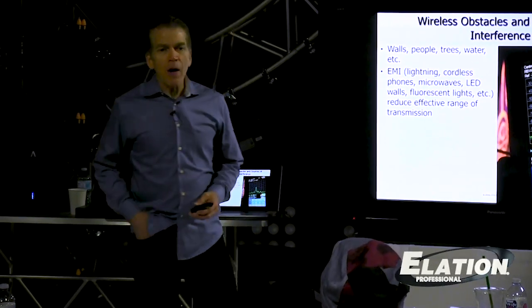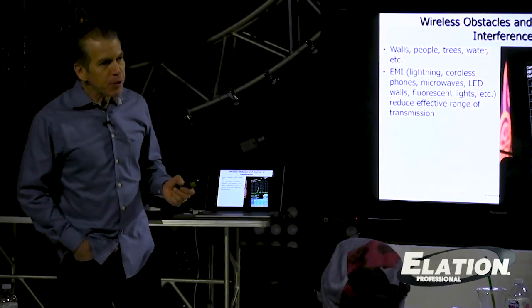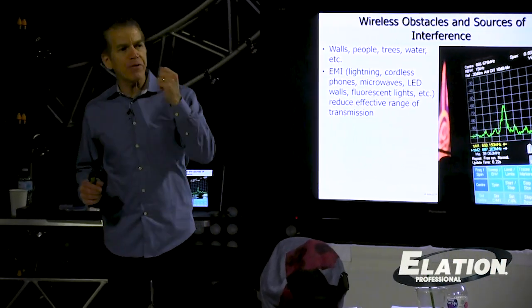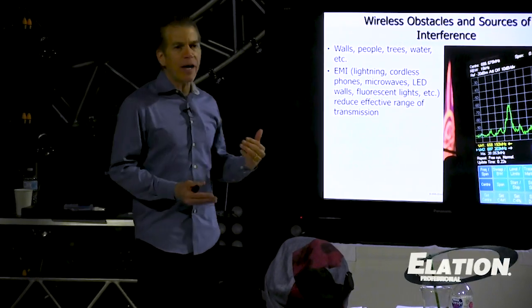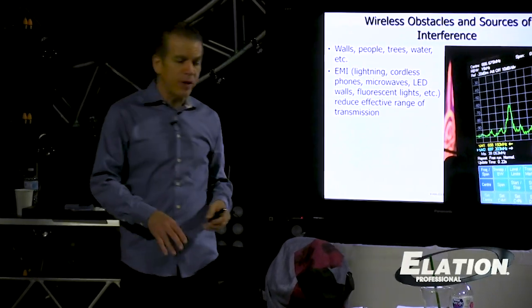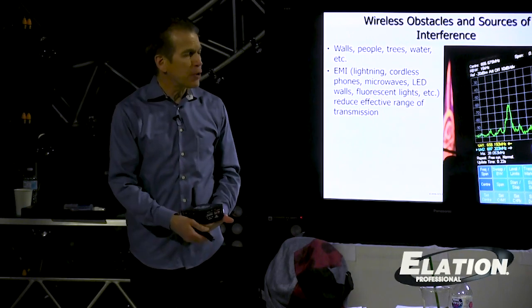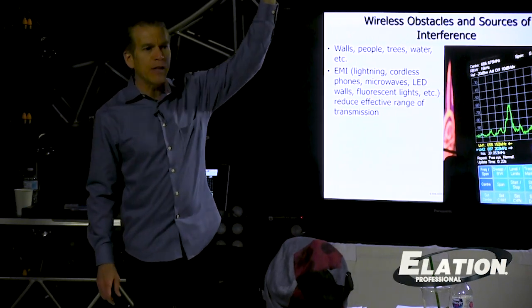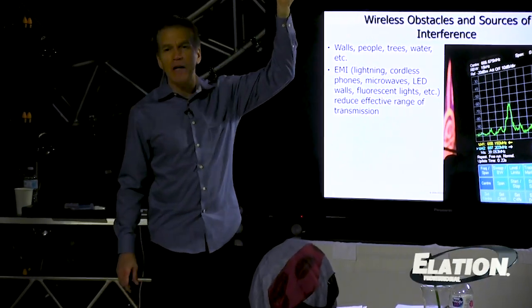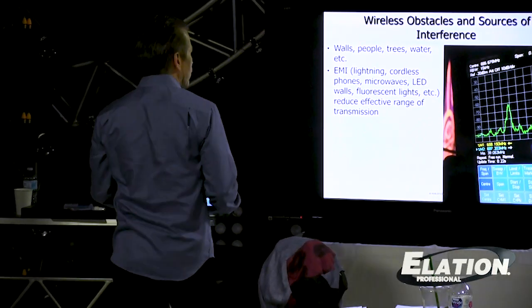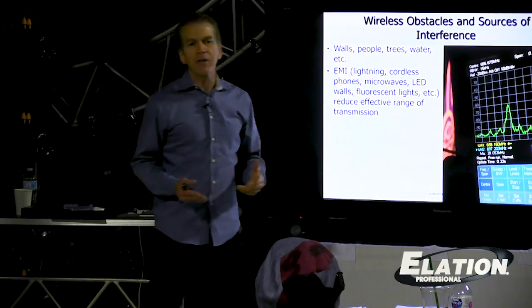When you're setting up your wireless system, you want to try to get line of sight. And the best way to do that is to elevate the transmitter. So rather than mount the transmitter on the ground, it's best to put it up high in the air, and some manufacturers say mount it 8 feet up in the air for best results. Now, obstacles will block the signal.